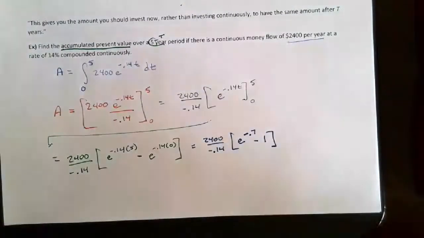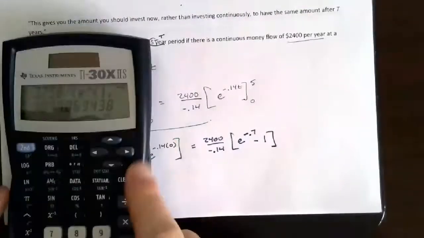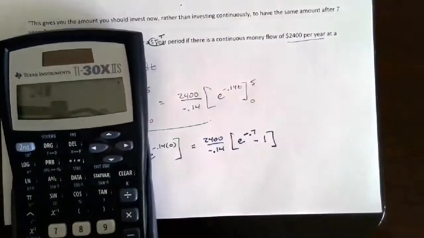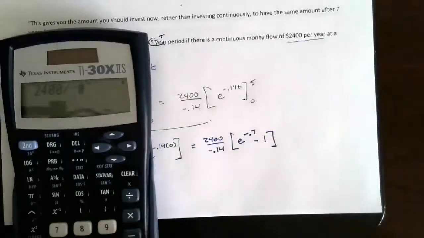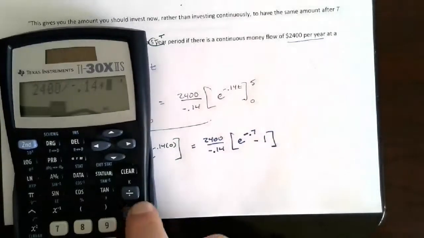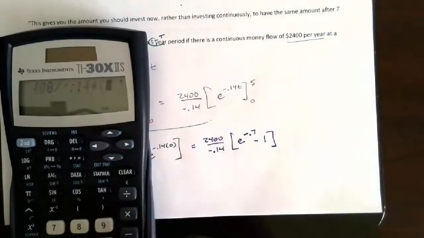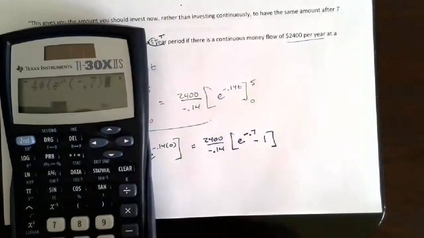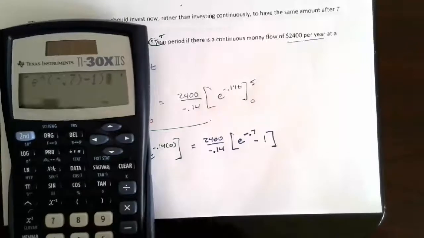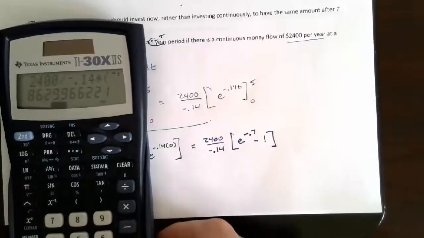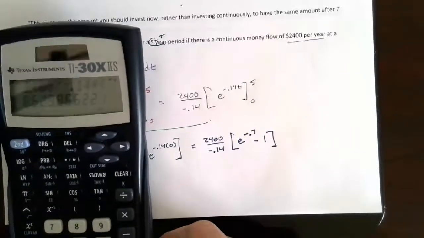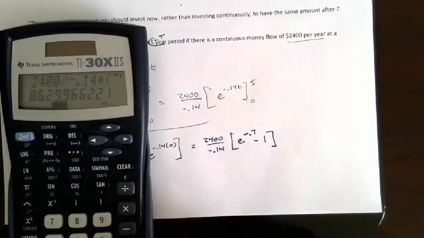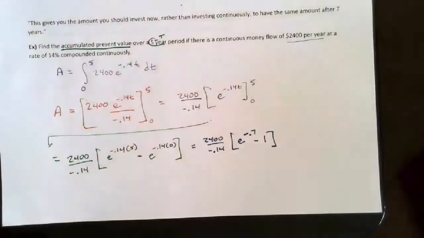Then we can evaluate that, watching your negatives when you type this in: 2,400 divided by negative 0.14 times, in parentheses, e to the negative 0.7 minus 1. Close those parentheses up, and I got $8,629.96, and there's an extra 6, so 97 cents.